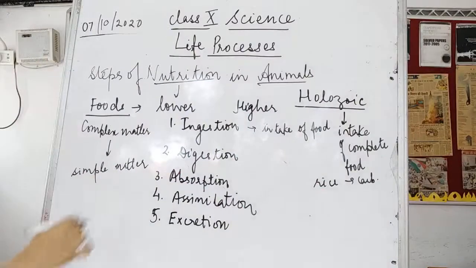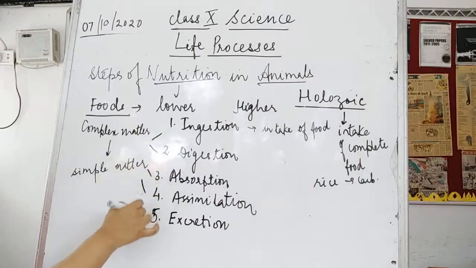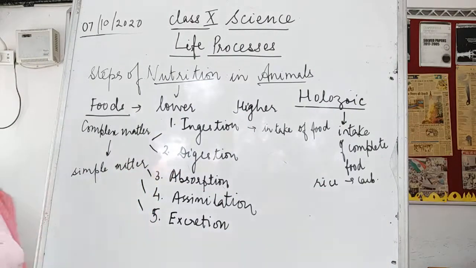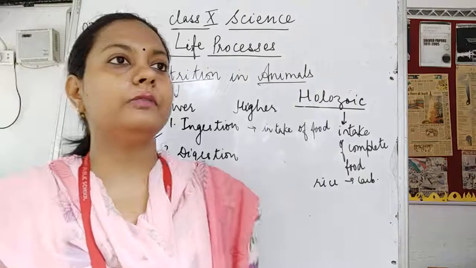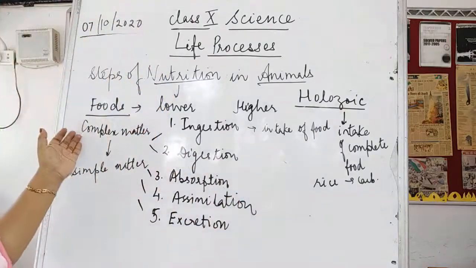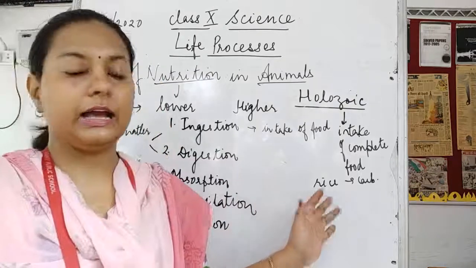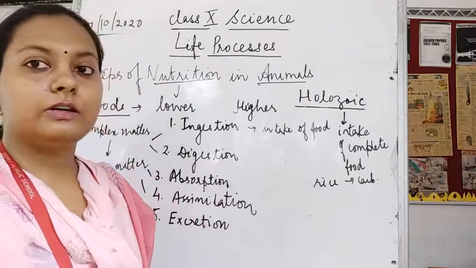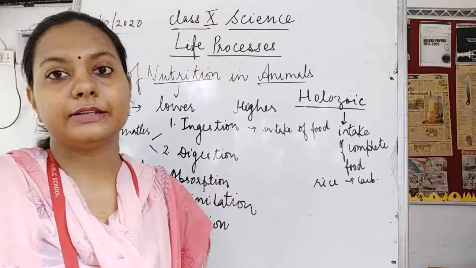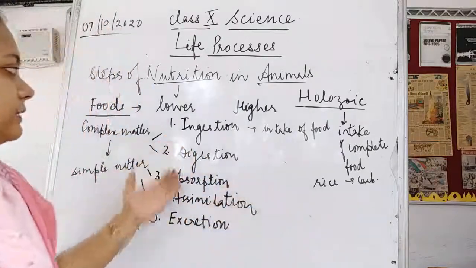For this, these 5 steps are required. Just for converting the food from complex material to simple material, we require these 5 steps. Each and every organism undergoes these 5 steps.